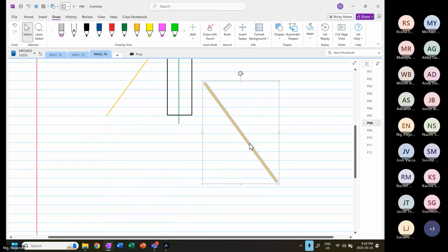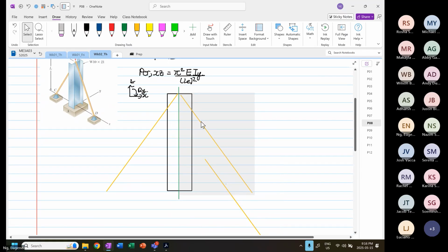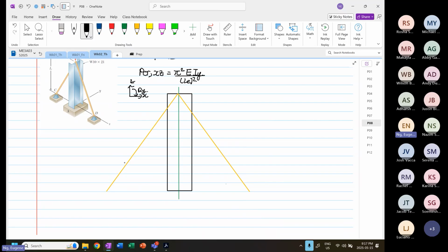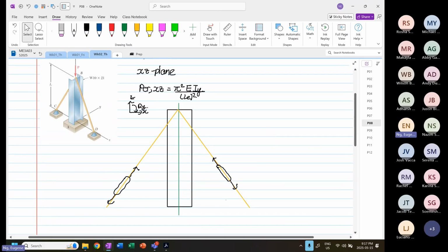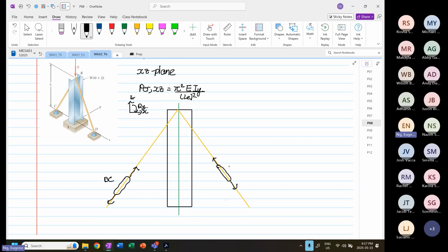Okay. And we know that the ropes are in tension. So we put the rope in tension. On the other side, it's also in tension. So this is our rope BC. This is our rope BD. And both are in tension.